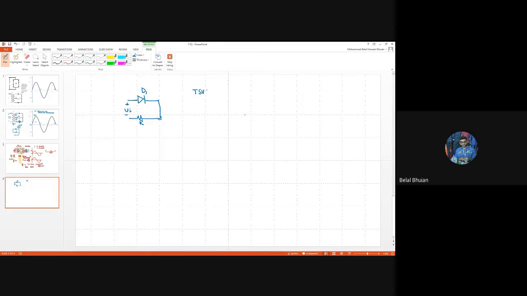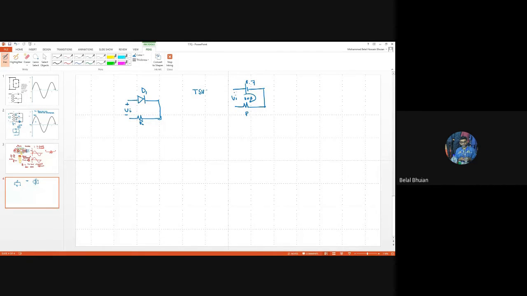TSV. Okay. At TSV, we know that at transition we're going to replace the diode with 0.7, and the current through the diode I is equal to 0.